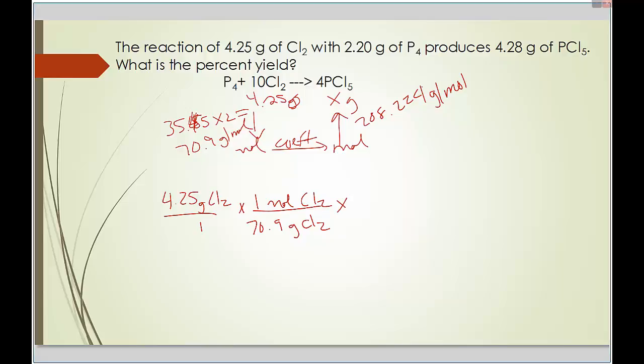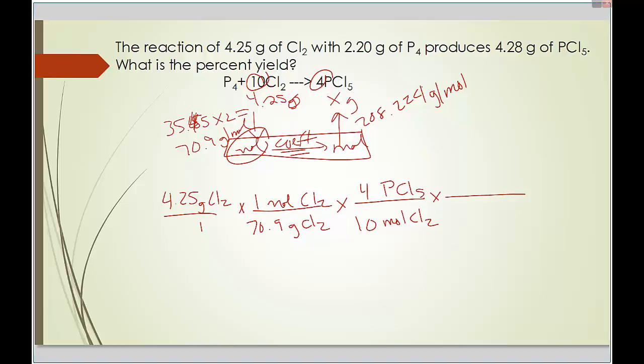I'm right here in my plan to go from here to here. I need to use the coefficients. The number 10 is in front of Cl2. Then we have 4 in front of PCl5. Then for every 1 mole of PCl5, I have 208.224 grams.